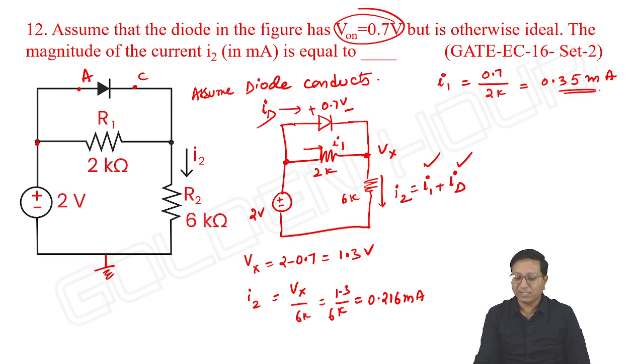But here I1 is 0.35 milliampere and I2 is 0.216 milliampere. Is it possible? I2 cannot be less than I1. Or I can write ID is equal to I2 minus I1, which is negative. Not possible.